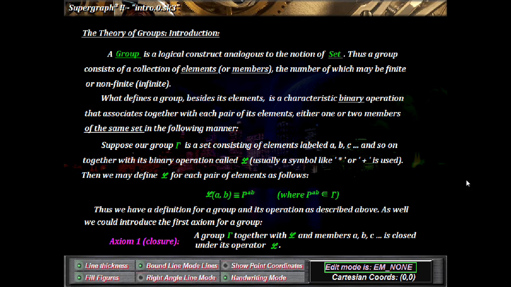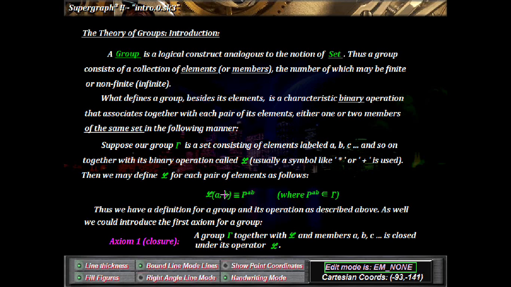Suppose you had two numbers, 3 and 6, and your group consists of those two numbers. You might say L(3, 6) equals 3, and you might say L(3, 3) equals 6. And I might say L(6, 3) equals 6, and L(6, 6) equals 3, and I think I've covered all.